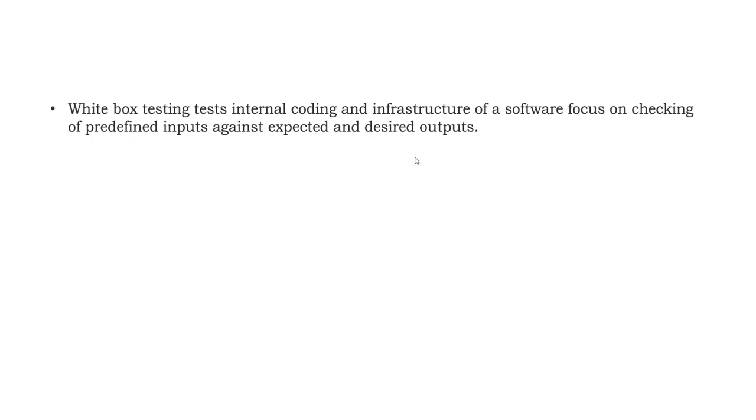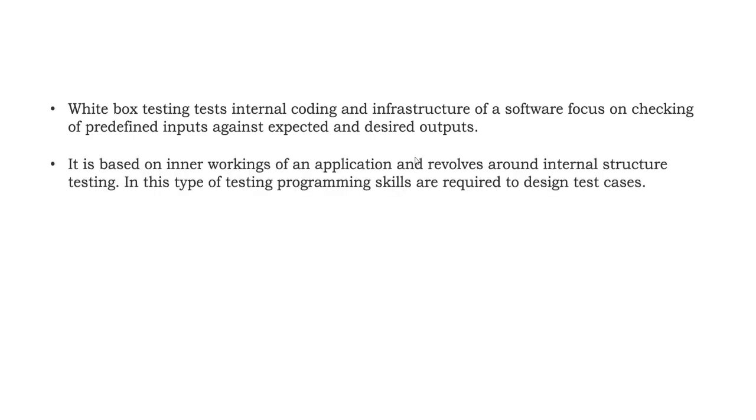Here, we will test the internal coding and the infrastructure, and how it works internally. The total internal behavior of the code will be tested as part of white box testing. It is based on the inner workings of an application and revolves around internal structure testing. In this type of testing, programming skills are required to design test cases.